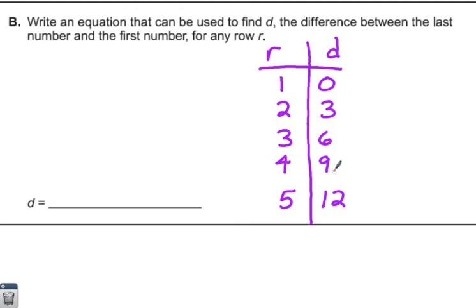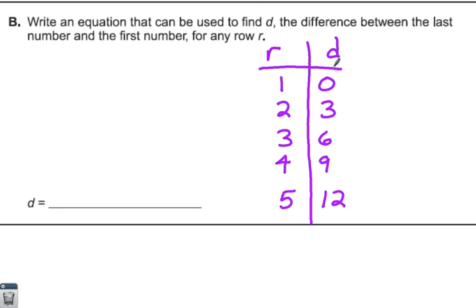When R equals 4, and to come up with an equation from a table, like I said in a previous video, from 2017 or 2016 or whatever, you only really need 2 pairs for R and D, or X and Y, or whatever your variables are. I didn't really need to make a table this long.